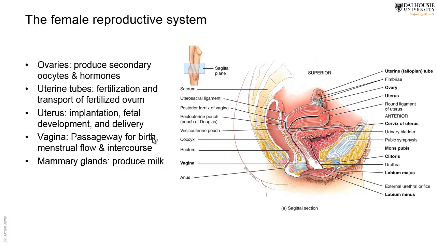Then the vagina is the passageway for birth, menstrual flow, and intercourse. And then we have the accessory glands. Here are the mammary glands, which produce the milk. So we will go to study them one by one. We will find what is their structure that contributes to their function.